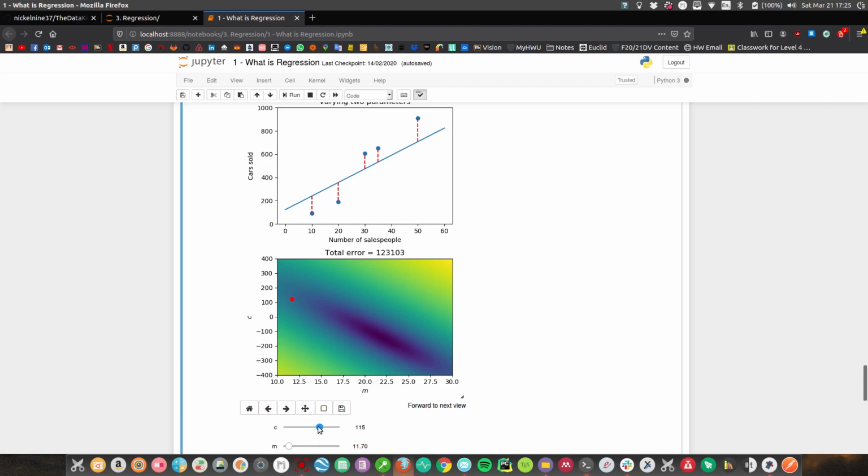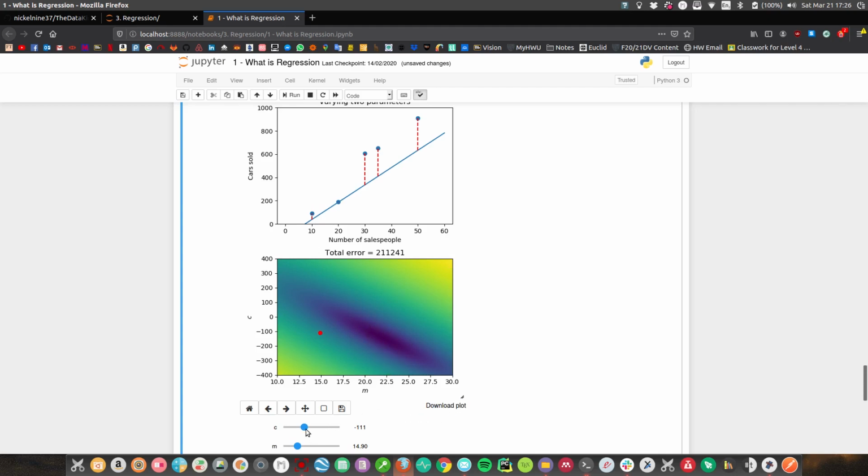So you can see as I'm varying this c, that point on the bottom plot is just going up and down. And as I'm varying m, it's going across. And that means for any given value of m and c, the color of this bottom graph at that point is going to represent the error in some way. So these light colors up here are going to represent a high error, and these deep blue colors down here are going to represent a low error.